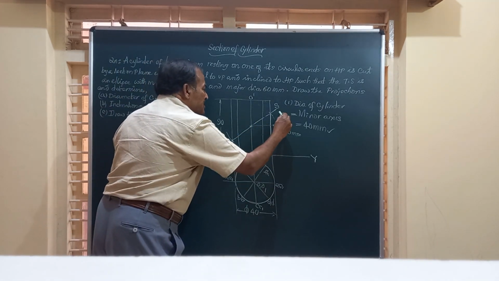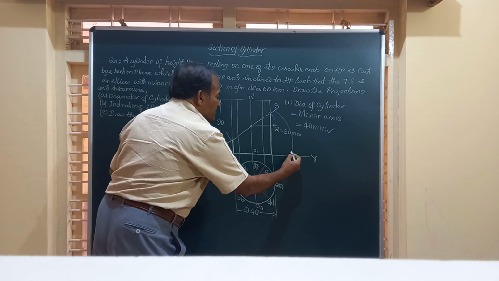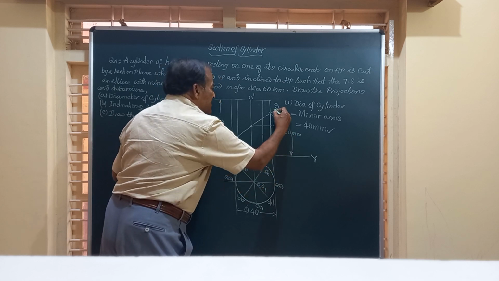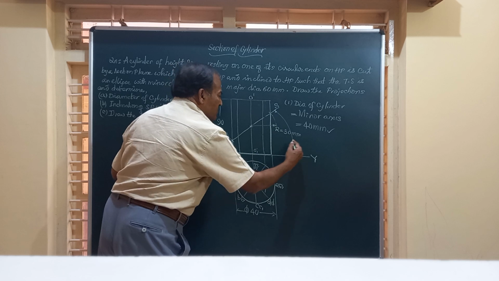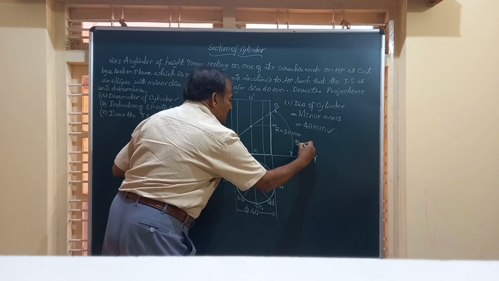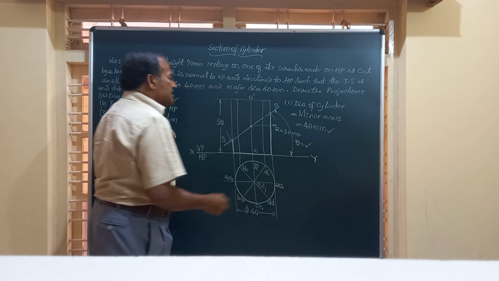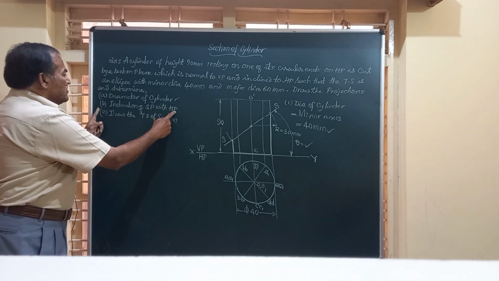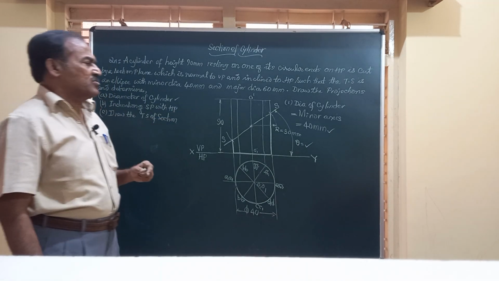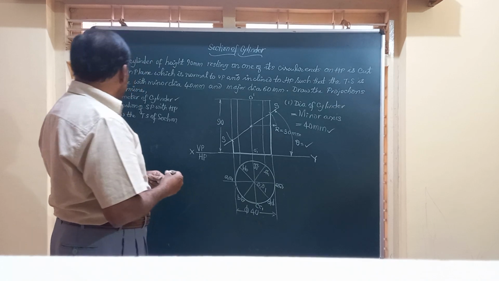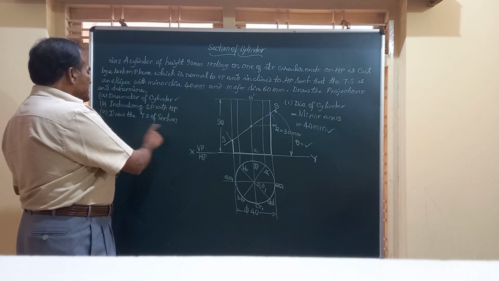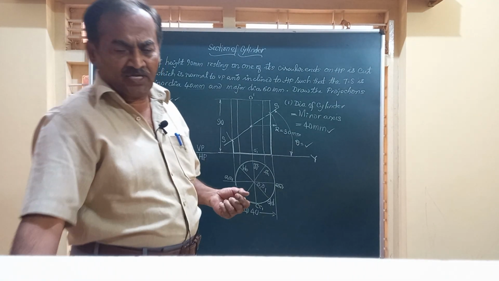So if you measure this angle, the angle made by SS with the XY will give you theta. That is, the inclination of the section plane with the HP can be found out. And finally friends, draw the TS, the true shape of the section.